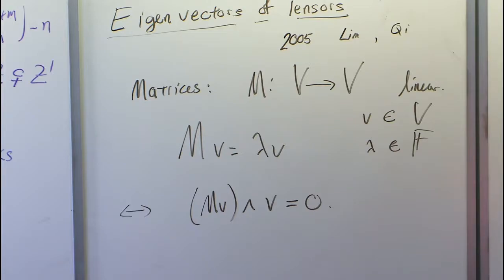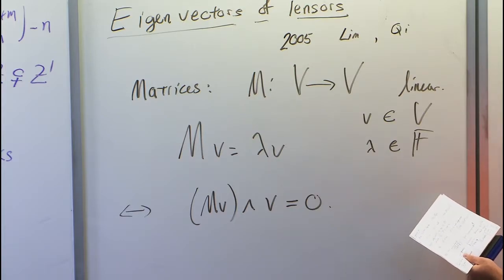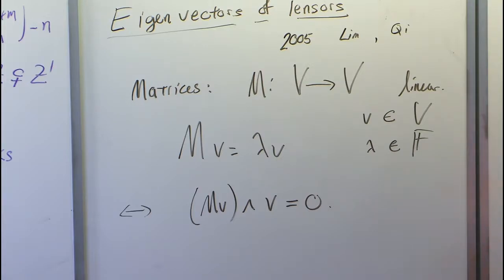Okay, so with polynomials, let's take some polynomial p and some v in V. So how do I define an eigenvector of a polynomial? Well, here's the most straightforward way I know how to think about this.